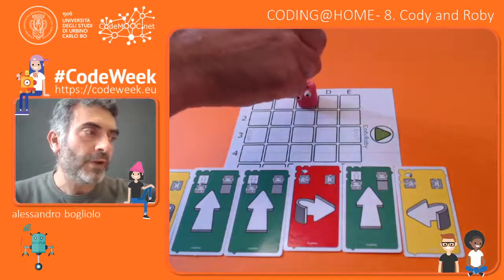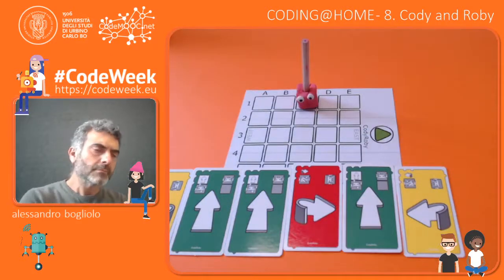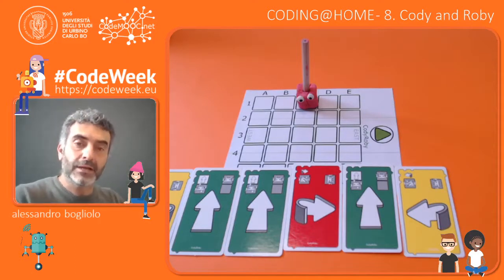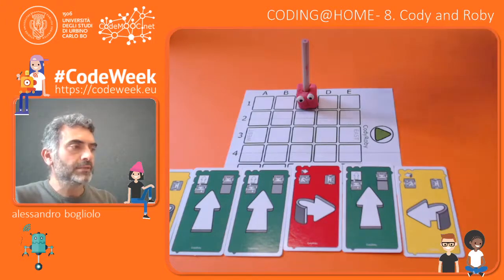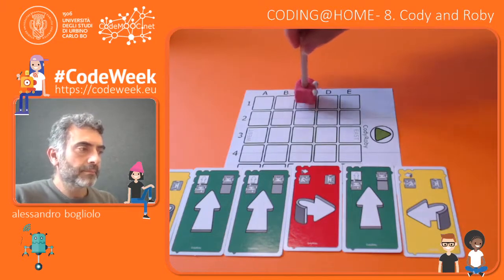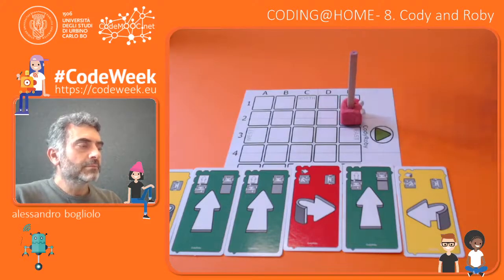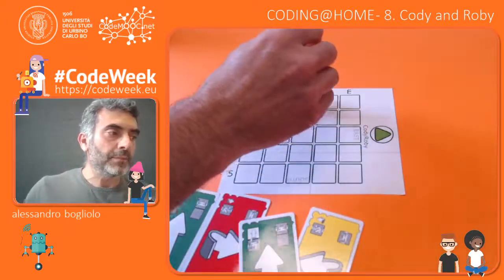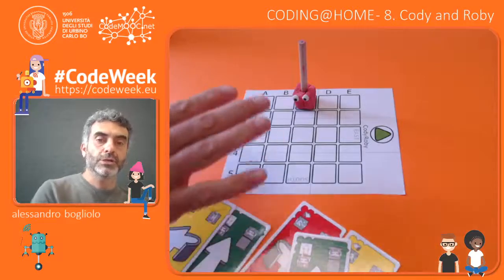But in general, we have to re-execute it from scratch because the error could be much harder to find and correct than the one that I made this time. So could you please re-execute it? Okay, great.